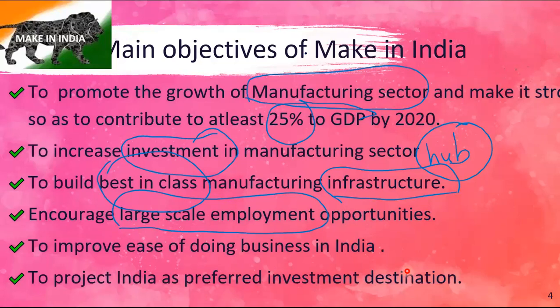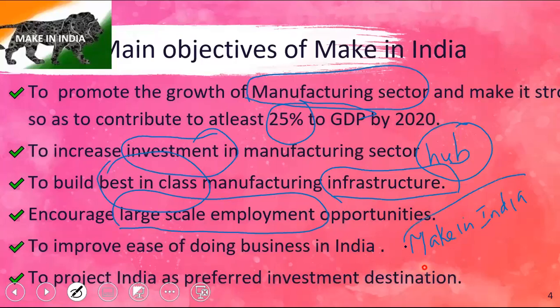Samsung has started their manufacturing unit. Because of that, what is happening? Now, whenever you are buying the mobile or any product of Samsung, you can see they are writing Make in India. Whenever you are buying the mobile, look behind the box, there will be a symbol like this, Make in India. What does it mean? The whole product is made in India.